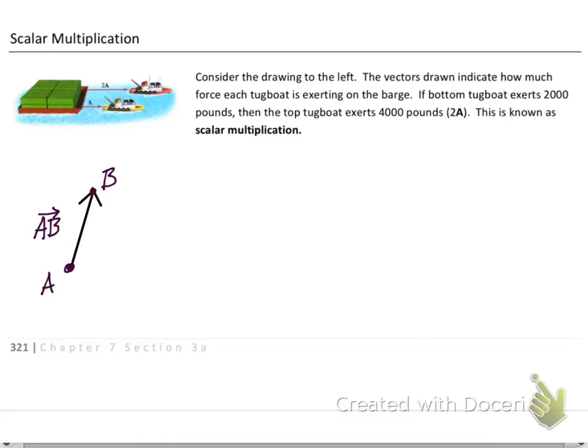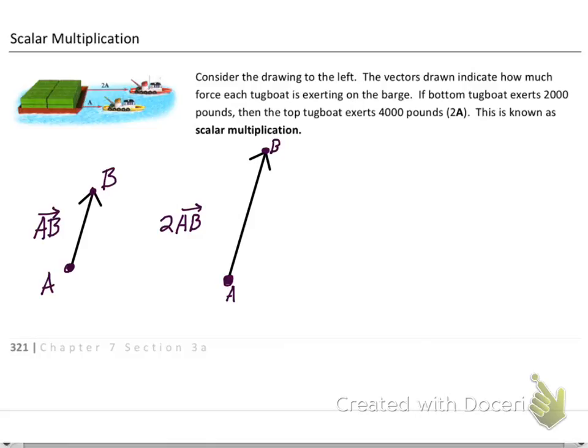If I'm going to apply more force, I'd multiply by a number bigger than 1. So let's say we have a scalar multiplication of 2. If I just want to draw that, it's going to be this exact same vector, except twice as long. So bless you. This vector is going to look more like this: same exact direction, just twice as long.